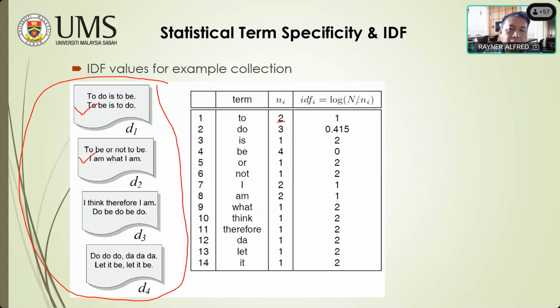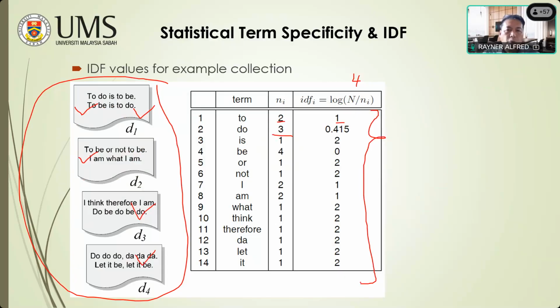So you plug in the value, N is 4. So 4 divided by 2, you get 2, log base 2 of 2 is 1. And then for the other term, it exists in 1, 2, 3, so 3 documents. Okay. So all these IDF values will be computed and kept.